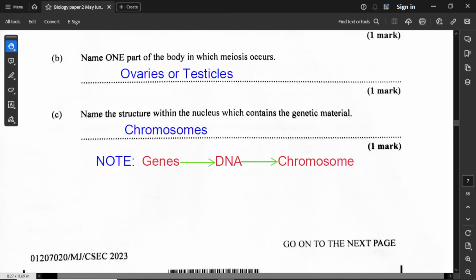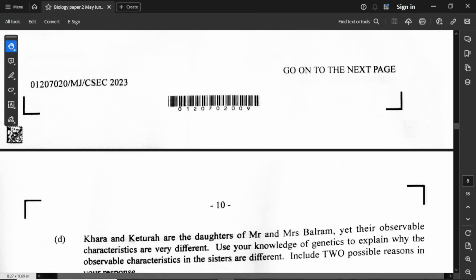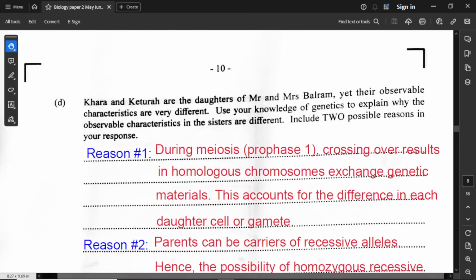So the chromosome will be the large molecule, and a portion of the chromosome we call DNA. And just to make note, when the chromosome uncoils around histone protein, that's when you get DNA, and segments of DNA is what you call the genes. So just to make note of that extra information.